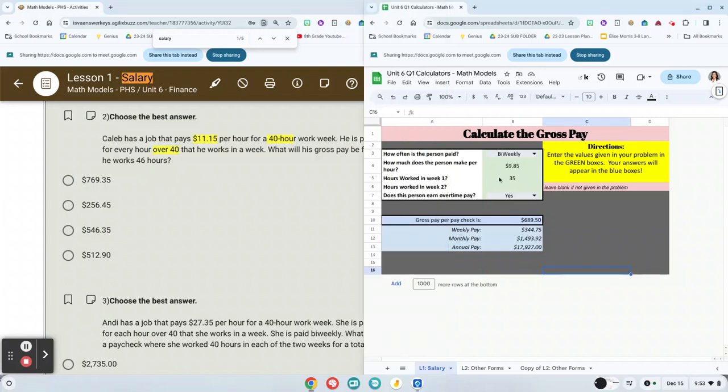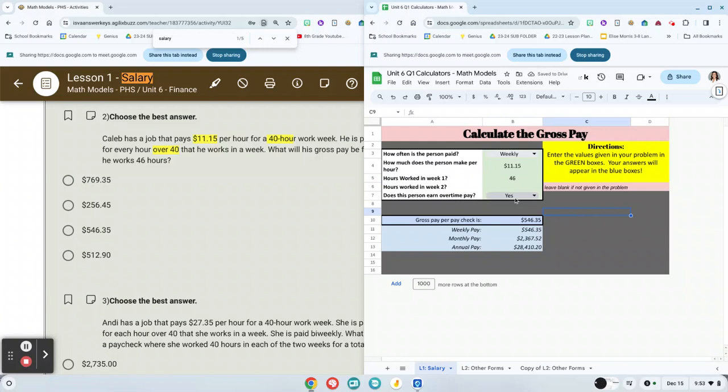So let's try it. So weekly, because we just want weekly. How much does he make? $11.15. And he works how many hours? 46 hours. Okay, we're leaving week 2 blank. It's just the week.